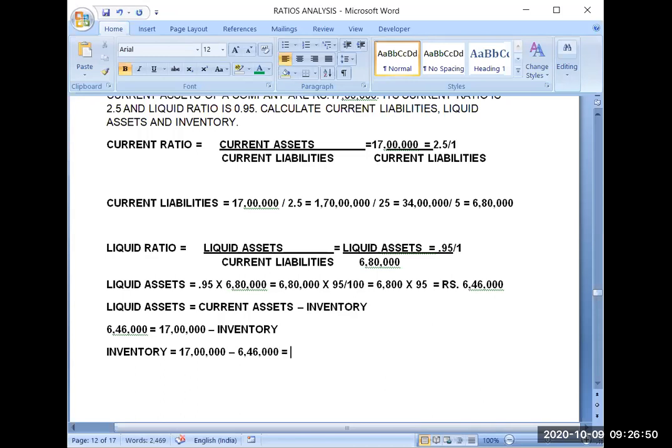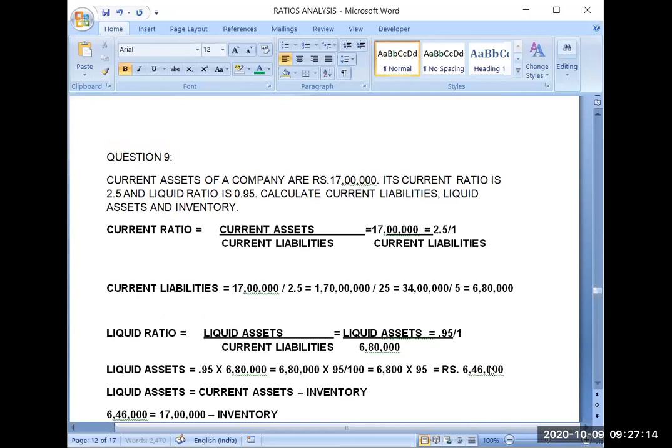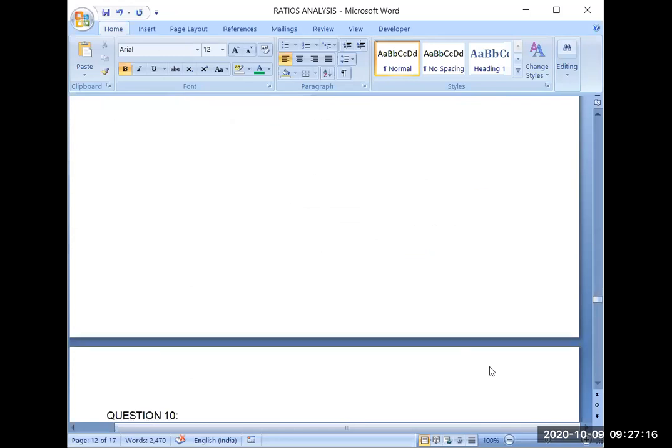So 17 lakh minus 6 lakh, it will be 11 lakh, and minus 40,000, it will be 10 lakh 60,000, minus 6,000, it will be 10 lakh 54,000. So the value of inventory will be this. So this way this question is solved.